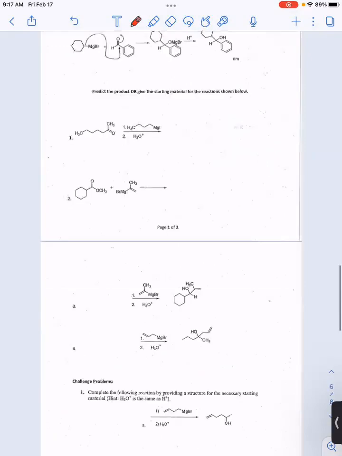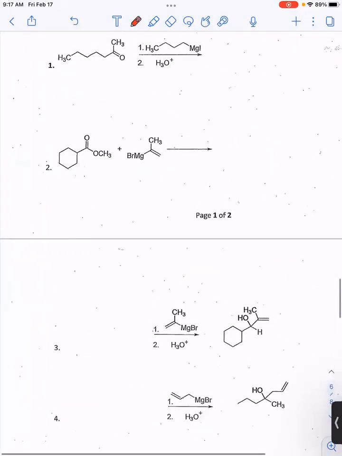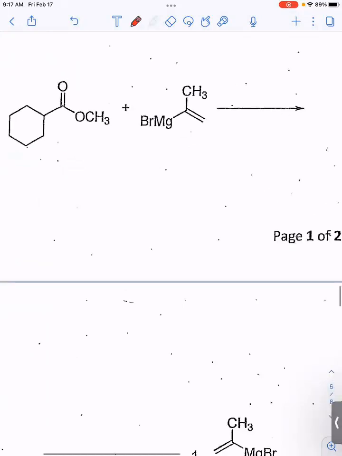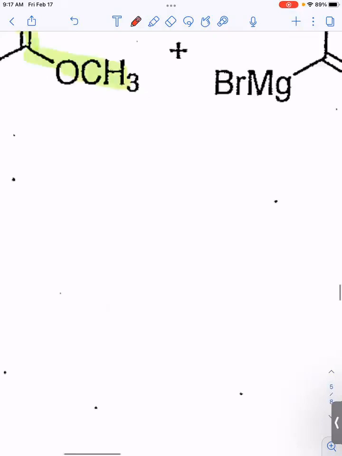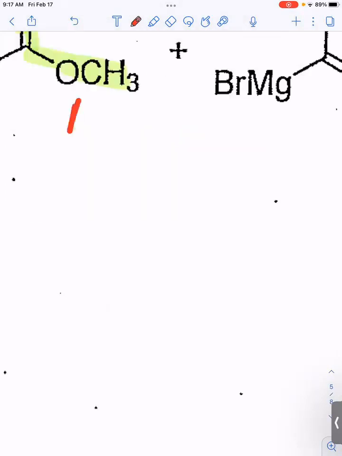All right, so let's go to here. This is an ester. This is the ester functional group. You have a carbonyl, and then attached to that carbonyl on one side, you have what we call an alkoxy group. The oxy part is the oxygen.